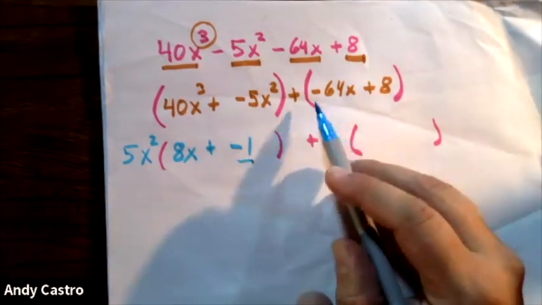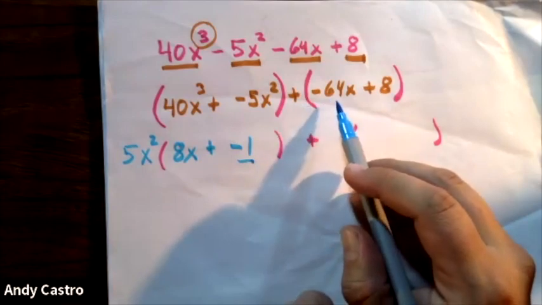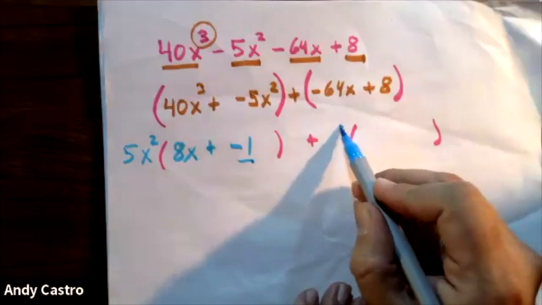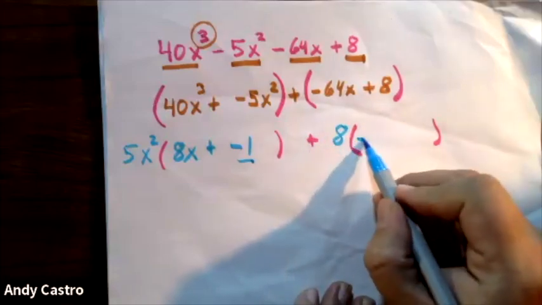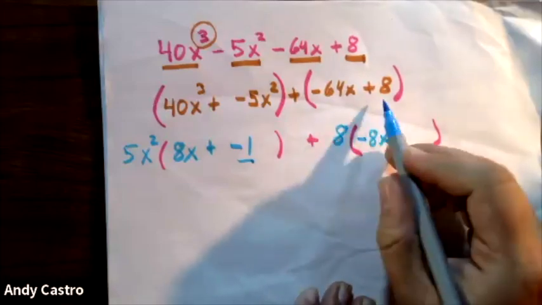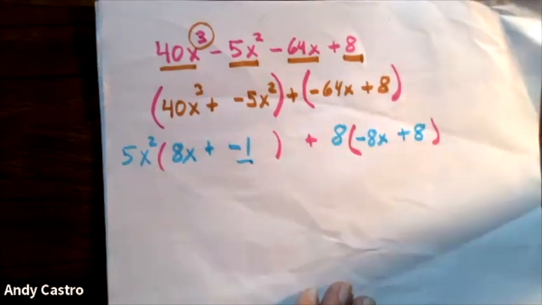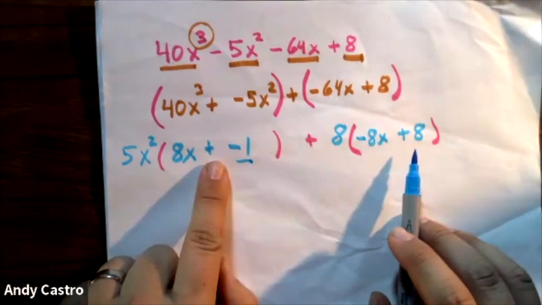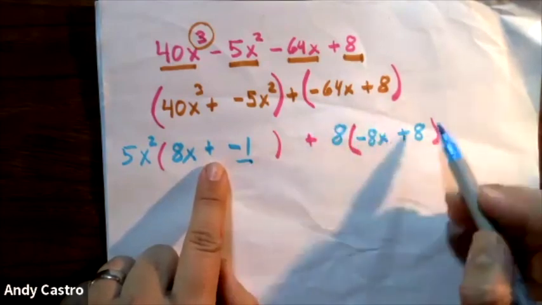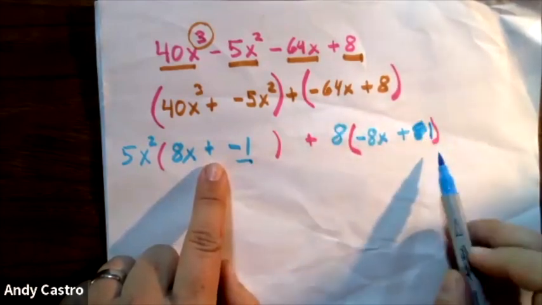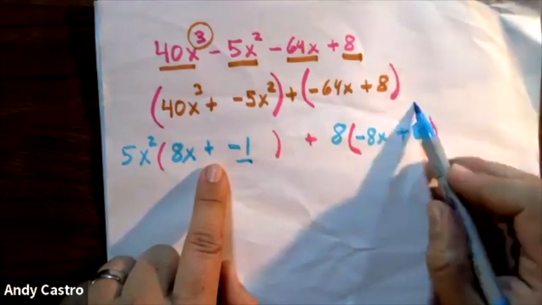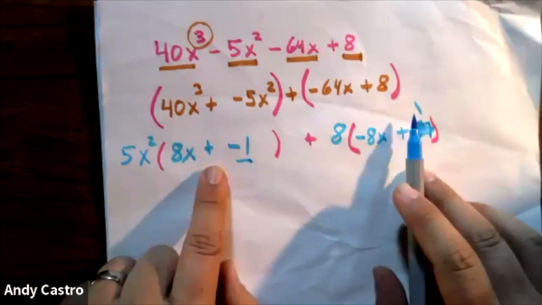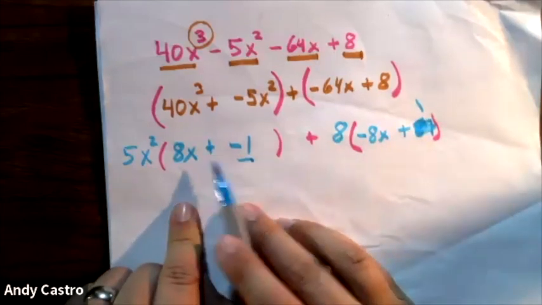All right, then here I have negative 64, and I have plus 8. So if I pull out a positive 8, I would have negative 8x plus 8. Now I want you to notice something. These are not identical. I'm sorry, if I pull an 8 out, that would give me a 1. Excuse me. All right, so this is negative 8x plus 1, and this is 8x plus negative 1.